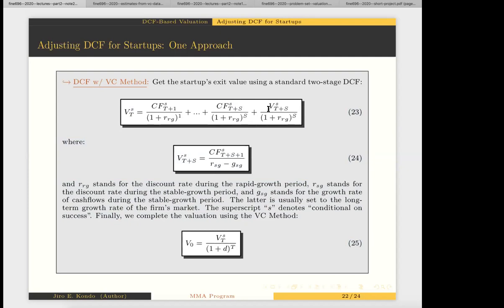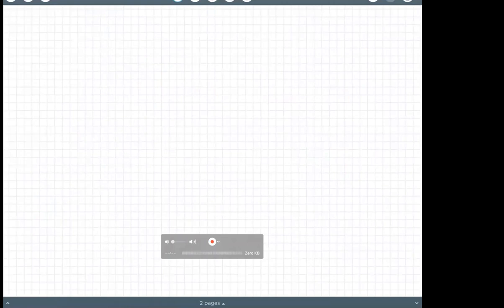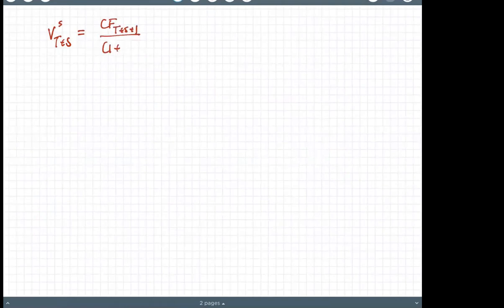I guess, okay, so maybe let me explain. So what I'm basically saying is, V t plus s, conditional on success, is equal to what? Cash flow t plus s plus 1 discounted by the stable growth rate for 1 period, plus cash flow t plus s plus 2, discounted by 1 plus RSG for 2 periods, and so on and so forth forever.